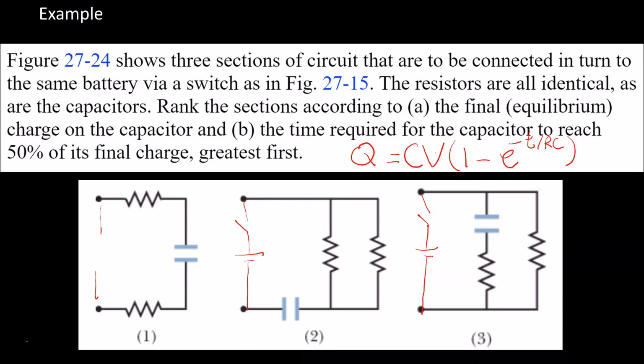And the voltage of all of them finally will be the same. Because as time goes to infinity, the currents drop to 0, and then there's no potential across the resistors. So the potential of the battery goes on the capacitors, right? So for part A, say all of them have the same final charge. So they're all the same.